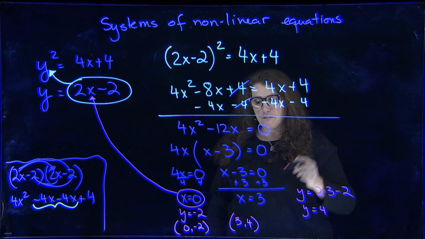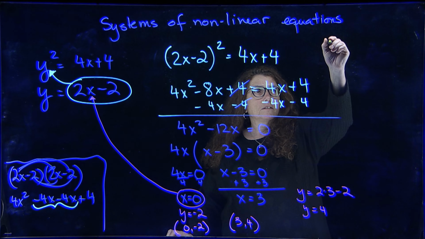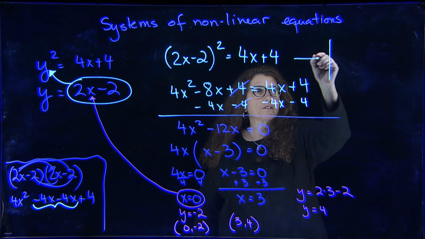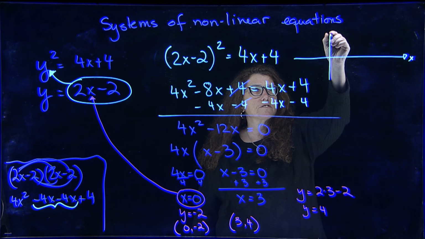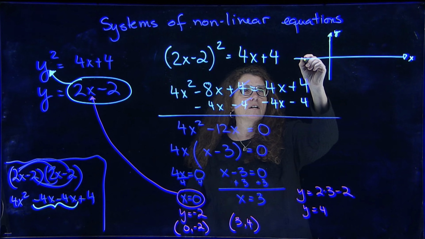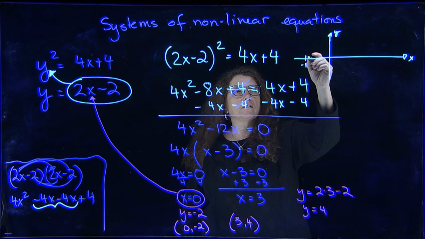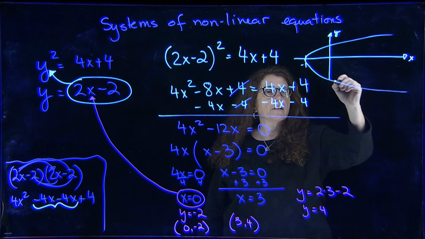Now, if you graph this, and I'm just going to graph it real quickly, and in pre-calculus, you will definitely learn about conic sections and how to graph parabolas that are rotated. But this parabola rotation looks somewhat like that.